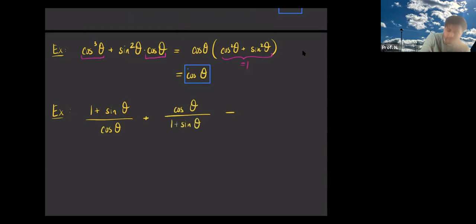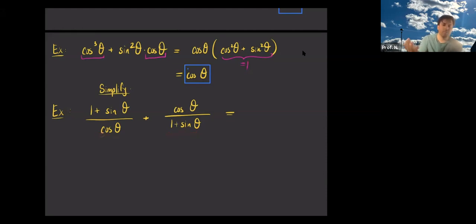Okay, so this is probably the harder one now, harder than any of these that we've done. So I want to simplify. Now, how do I simplify this? Well, again, this is an algebraic goal that I want. So what do you notice?